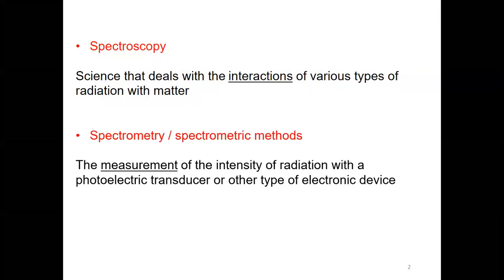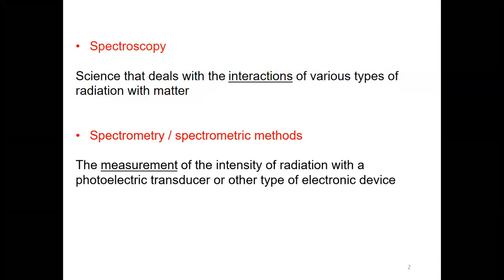And when it comes to spectrometry or spectrometric method, these are two different terms, spectroscopy and spectrometric method. Even though we don't pay much attention and think it's the same, definition wise, these are two different terms. Spectroscopy is the interaction.